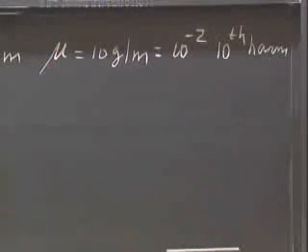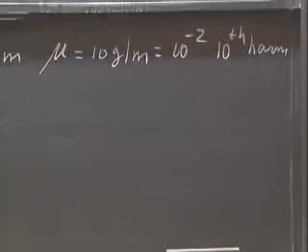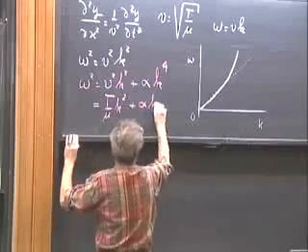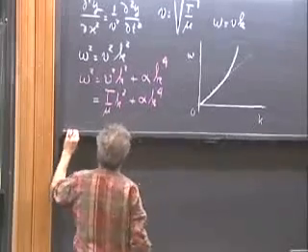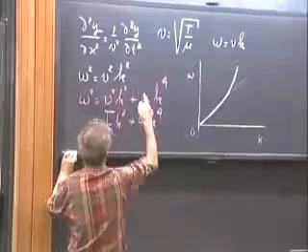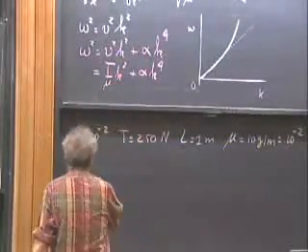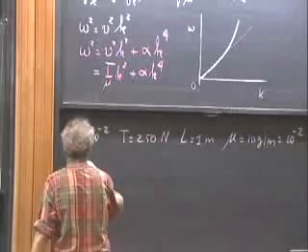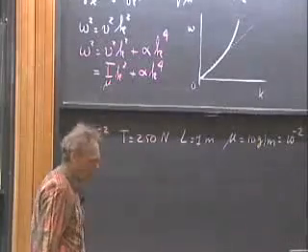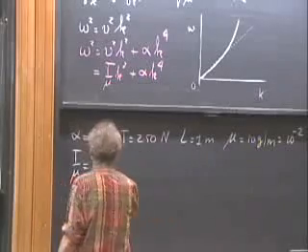Well, omega squared can be written, I will write it down again, as T divided by mu times k squared plus alpha k to the fourth. This V, remember, was T divided by mu. So T divided by mu, that's easy enough. That is 2.5 times 10 to the fourth.